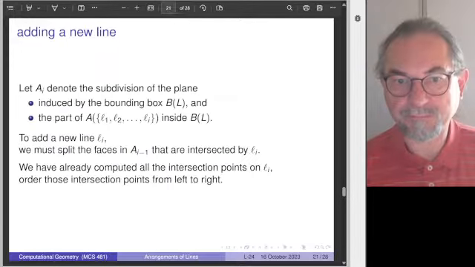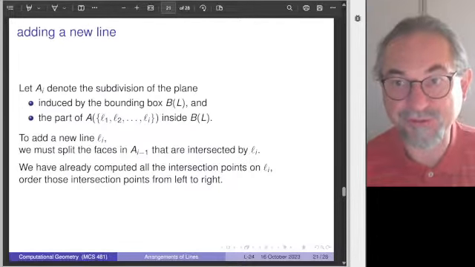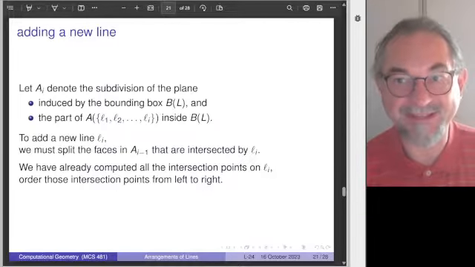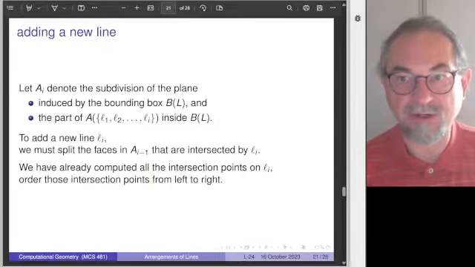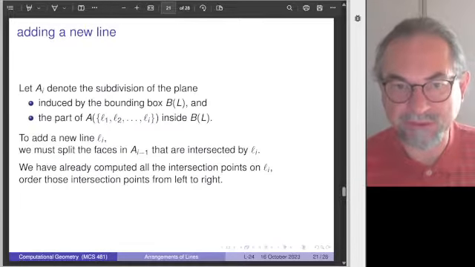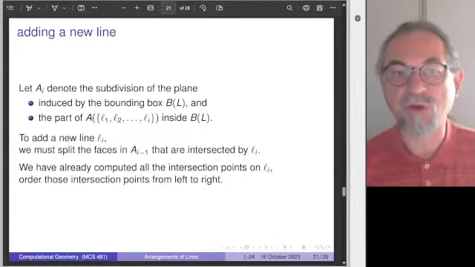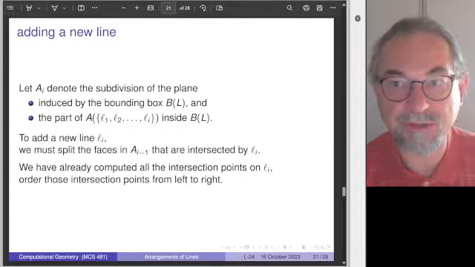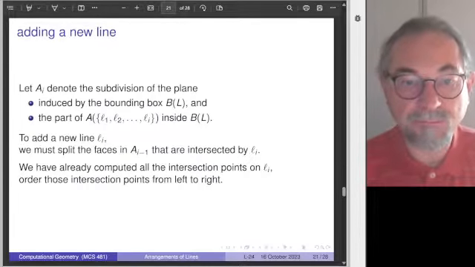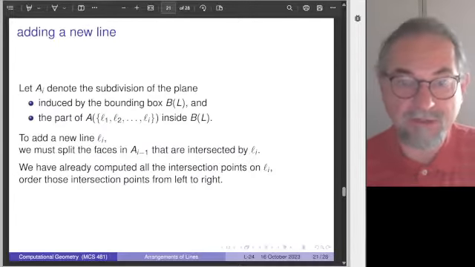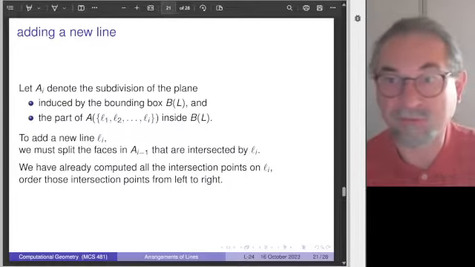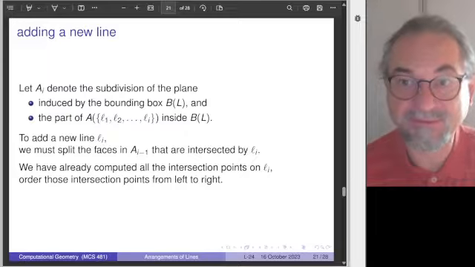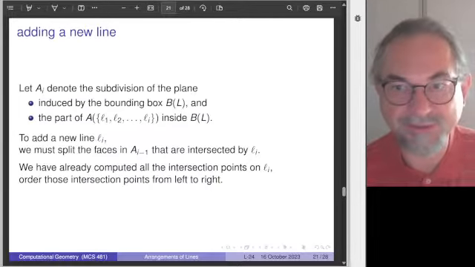The number of vertices on the line will not be n square; it is more likely to be of the order n. So the sorting of these intersection points on the line is certainly not n square, although for ordering from left to right you can do a quadratic sort if you like. It will be n square, but that's fine.